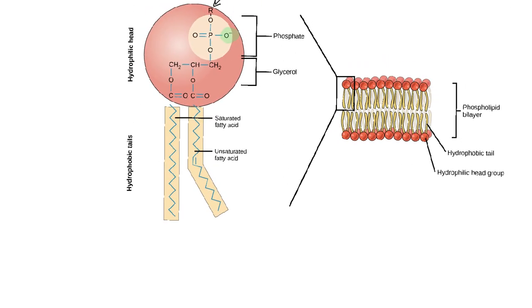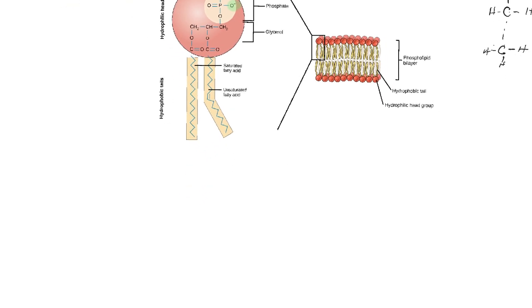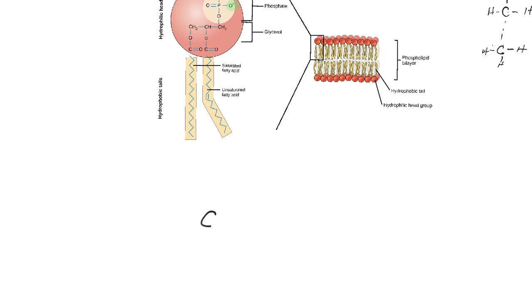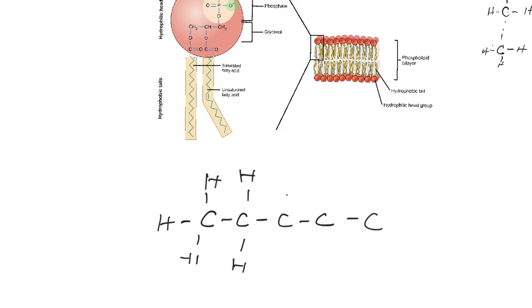This fatty acid, do you remember us talking about saturated and unsaturated? Do I have to go over it again? Let me go over it again, just to be clear. Whenever you have a chain of carbons, they have hydrogens all on them. They all have single bonds. We call these saturated.